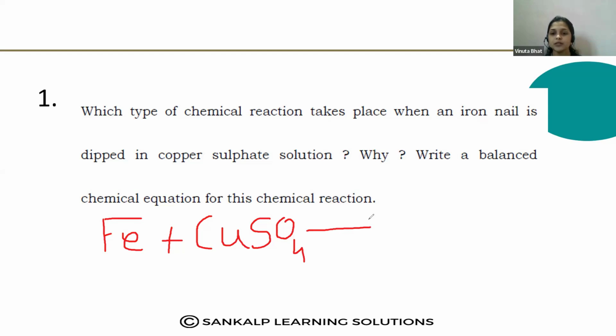So just see how the chemical reaction takes place. Here, FeSO4 will be formed and a brown color layer will occur on the iron nail. FeSO4 plus copper is displaced from its solution.